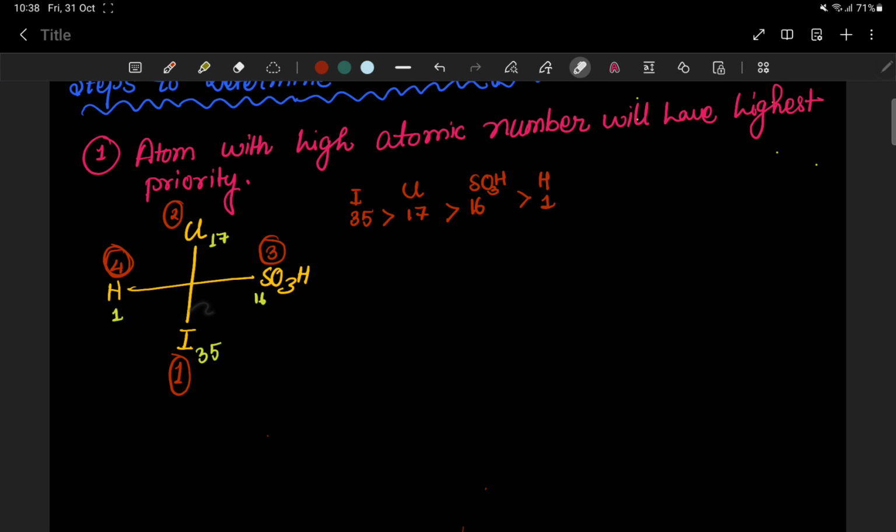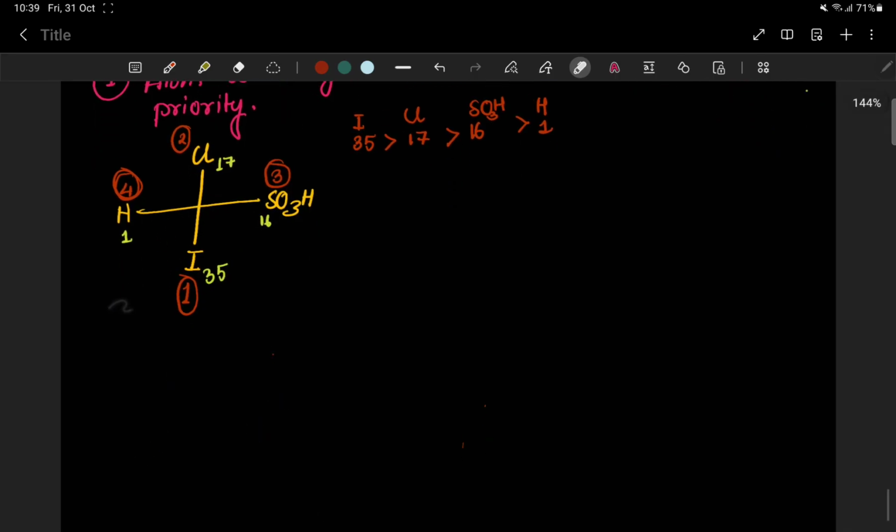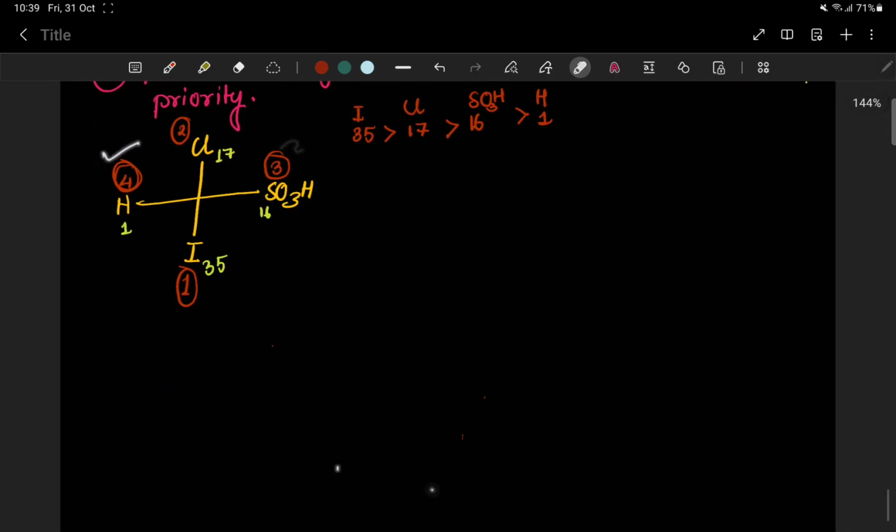I will move from here and then come to here as SO3H. Why do I do this kind of rotation? Because I have to calculate each position and come to a fixed value. Here I have 4 and here it is 3. Why shouldn't I move from here to here? This is actually not possible.